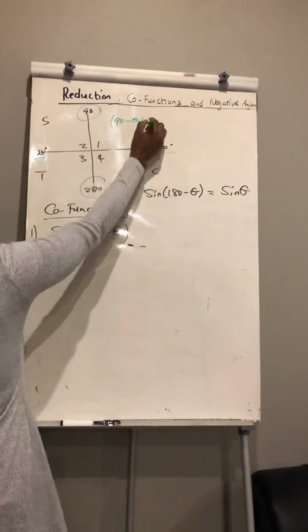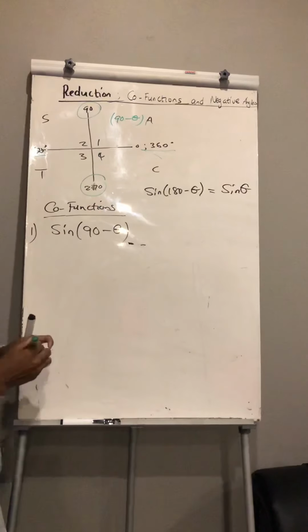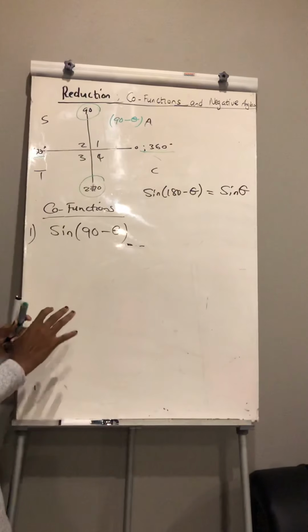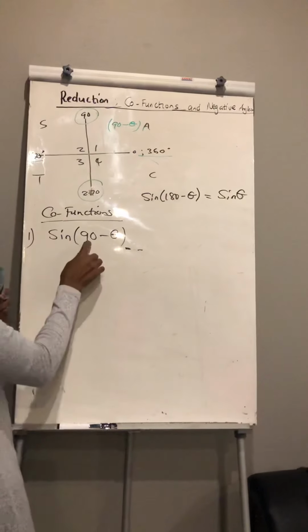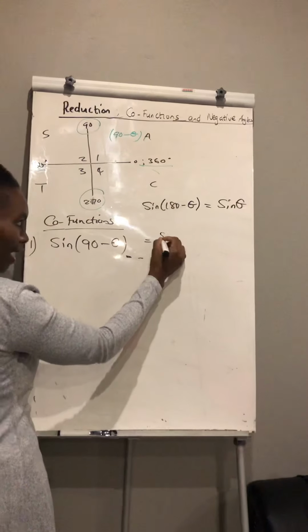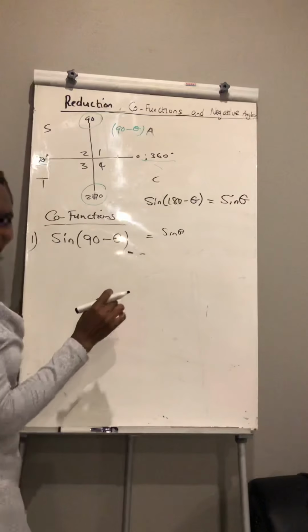In the first quadrant, luckily for us, everything is positive. Rather, those three functions that we deal with, tan, sine, and cos. So here it is. If it wasn't 90 here, this was just going to change to sine theta.